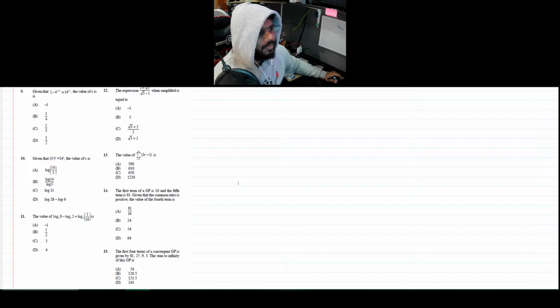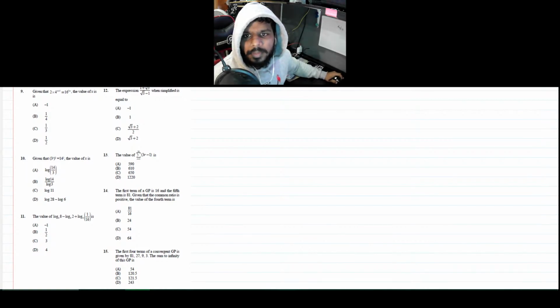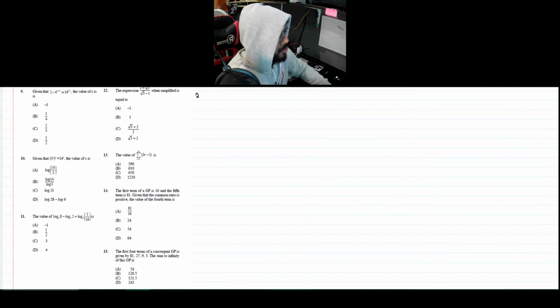Right. 2 by, that is x to the power quarter. Let me just check. I mean 4 to the power x. Oh good lord. Yeah, that is 4 to the power x plus 1 on that power there. So 2 multiplied by 4 to the power x plus 1 is 16 to the power of 2x. 2 multiplied by 2 squared to the power x plus 1 is 2 to the power 4 to the power 2x.